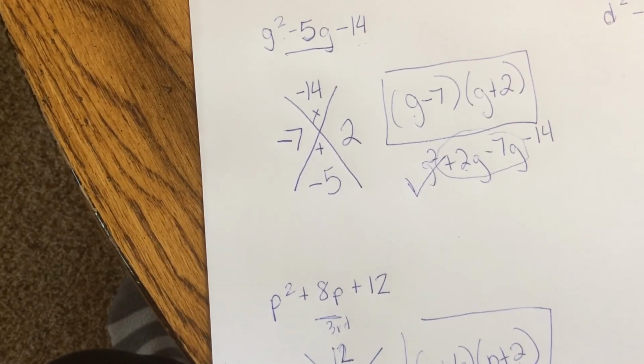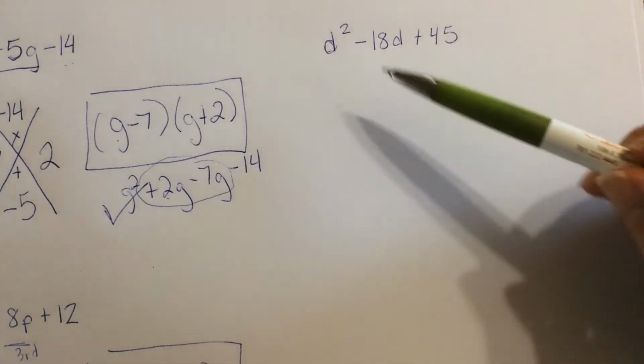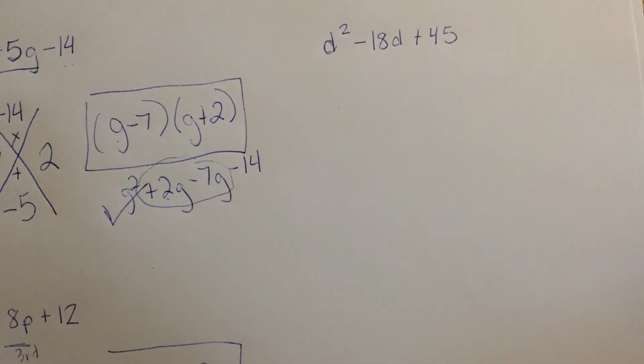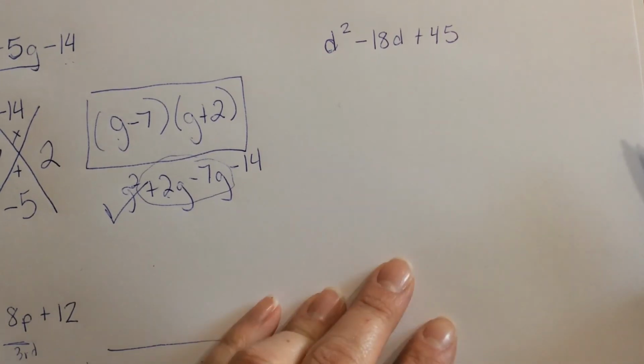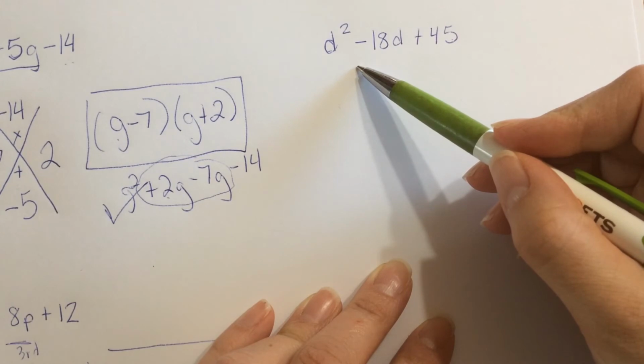So whenever that third term is negative, you should know you're going to have one of each, a positive and a negative. One other one like that, again, we don't have a leading coefficient other than 1, but in this one, the third term is again positive, but our middle term is negative.